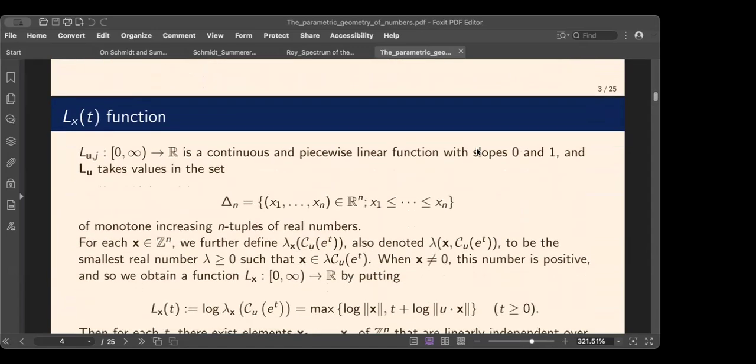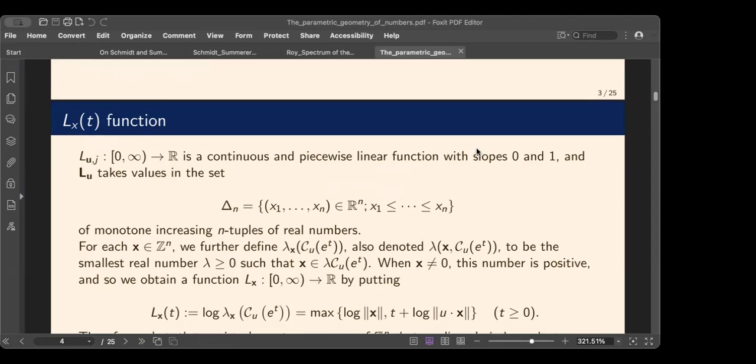For each j, this L_u,j is a continuous and piecewise linear function with slope 0 and 1. And this map L_u takes values in monotone increasing n-tuples of real numbers because L_u,1 is less than or equal to L_u,2, less than or equal to L_u,n. So the L_u function takes values in this special set.